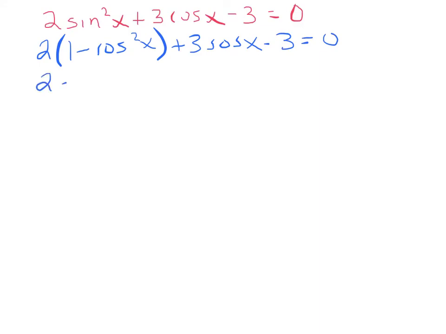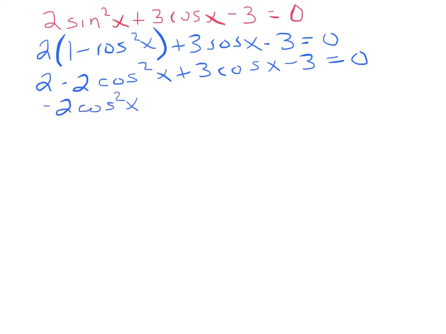So that would give me 2 minus 2 cosine squared x plus 3 cosine x minus 3 equals 0. So when I move some things around here, negative 2 cosine squared x plus 3 cosine of x minus 1 equals 0. I want my leading coefficient to be positive, so I'm going to multiply everything by negative 1.